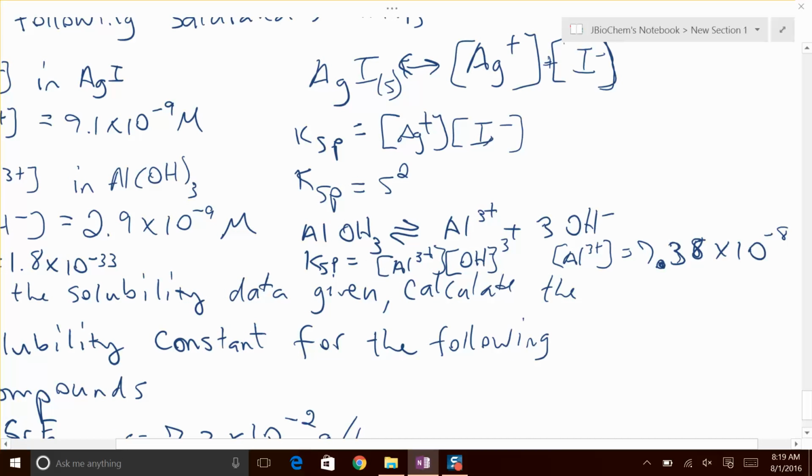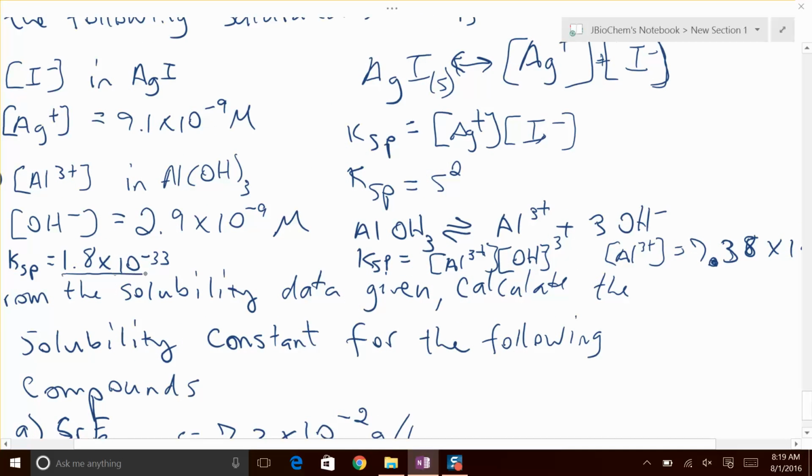You're going to take this KSP and divide it by this cubed, divided by 2.9 times 10 negative 9 cubed. That's it. That's a good way to do it.